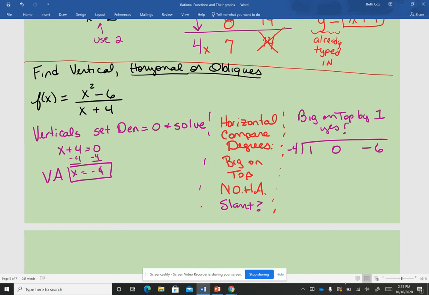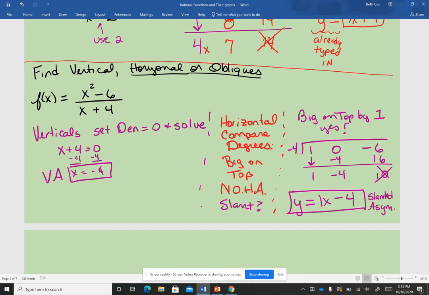And we'll divide by negative 4. I don't need my remainder, so it's going to be y equals 1x minus 4. That is my oblique or my slanted asymptote.